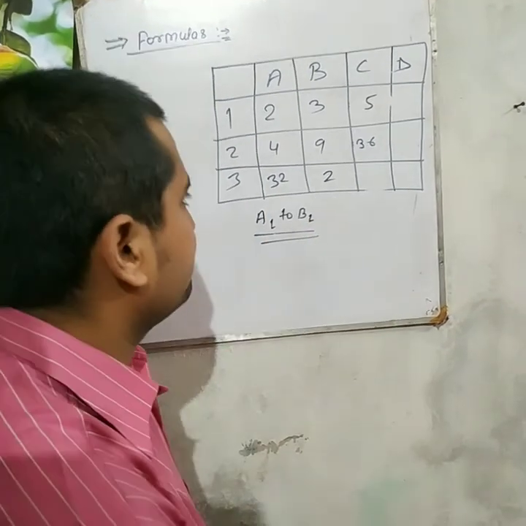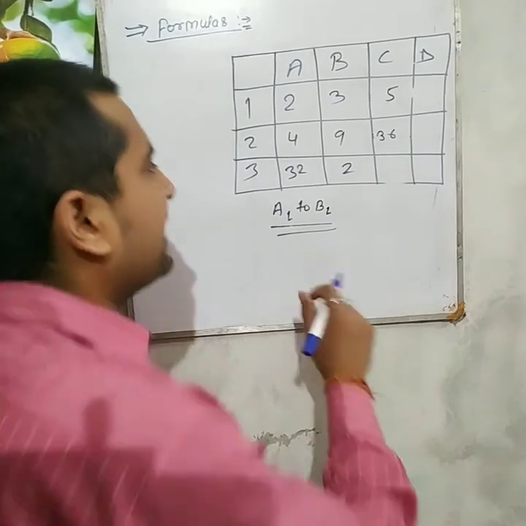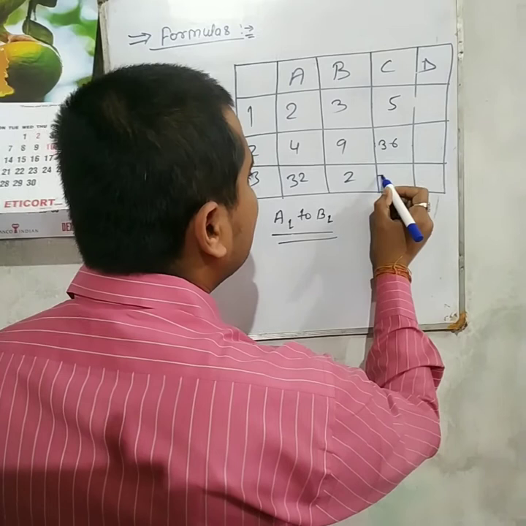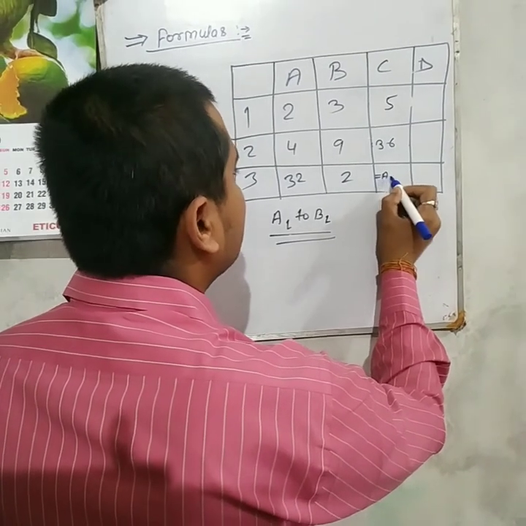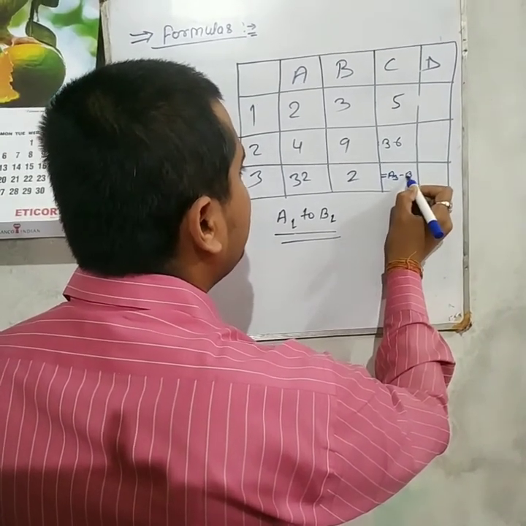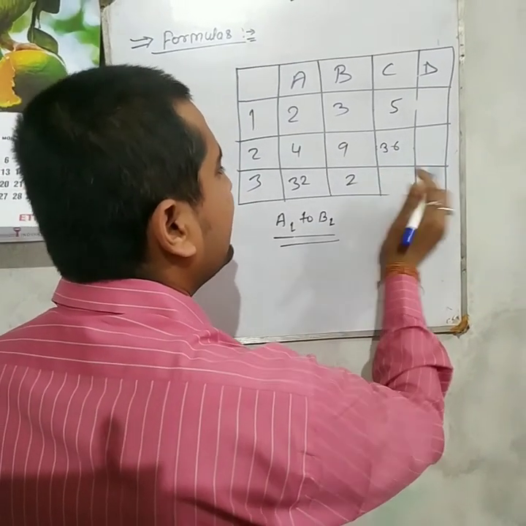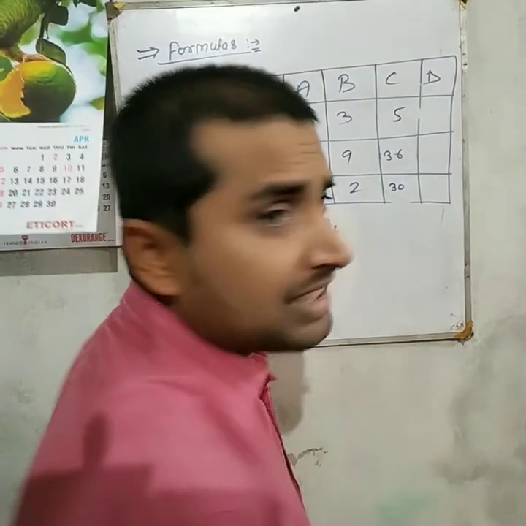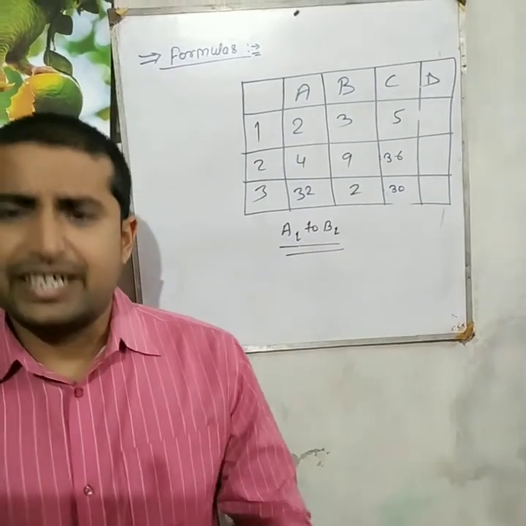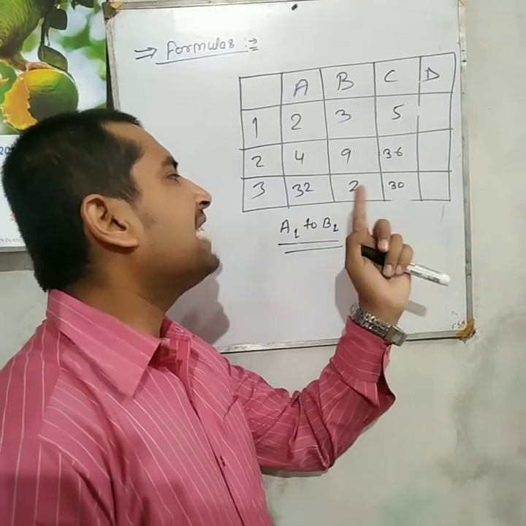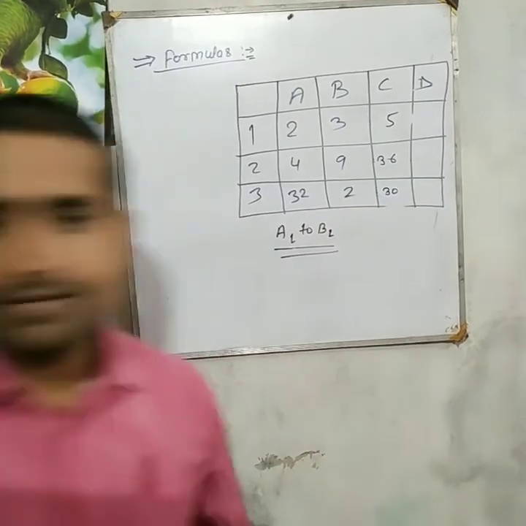Also I want to subtract two numbers. Here we can write equal to A3 minus B3. Then press the Enter key and your result is 30. That is how to work with formulas.